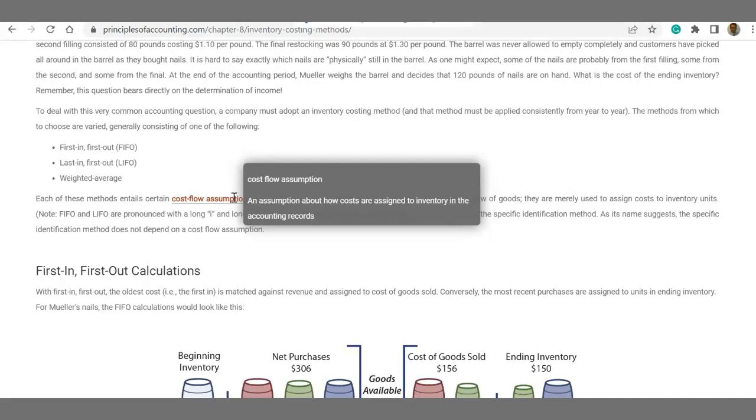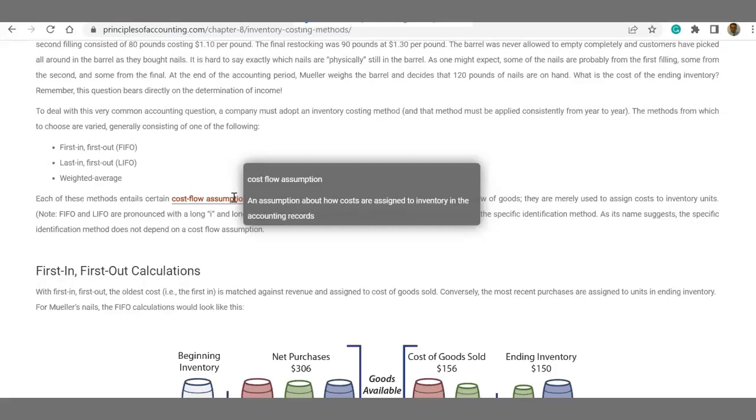And when you create a business, you need to also report this cost of inventory accounting method to the IRS. The IRS wants to know which one you are going to use: first in, first out, last in, first out, or weighted average.